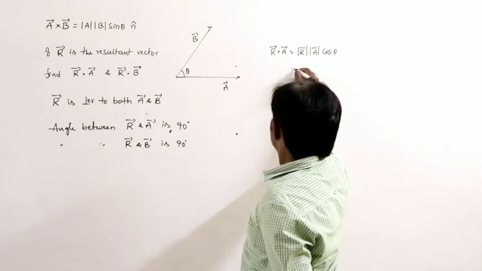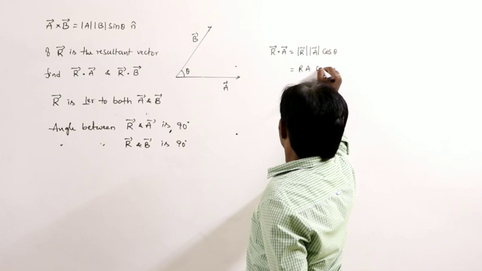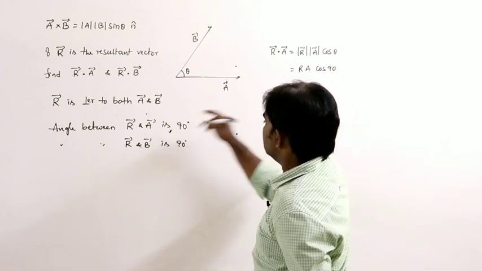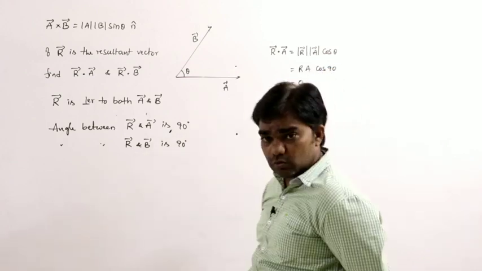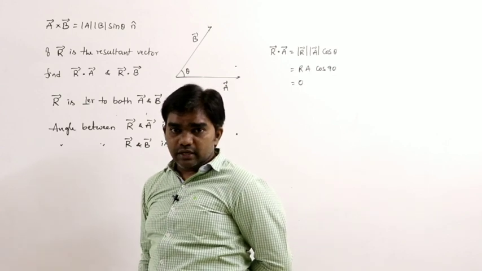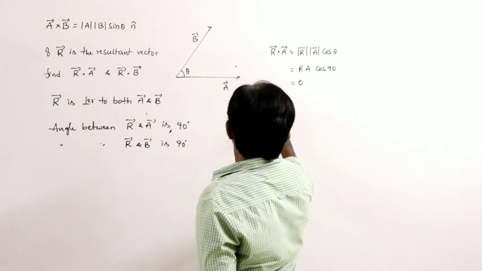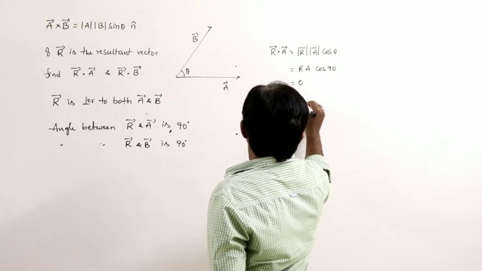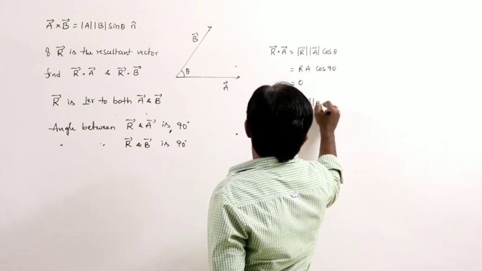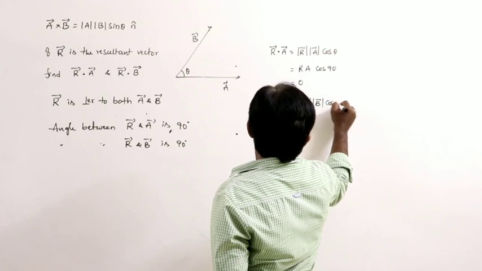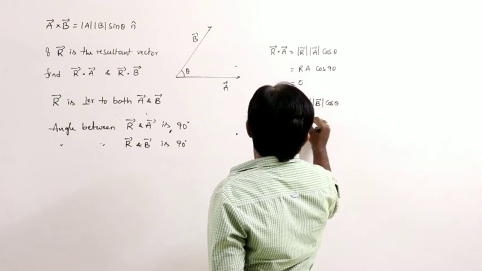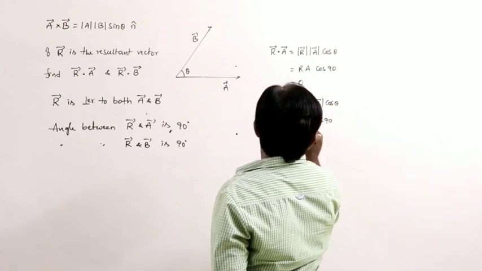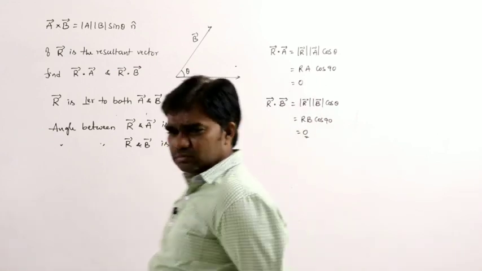So that is r a into cos 90, because the angle is 90. Cos 90 is 0. Next r bar dot b bar, that is modulus of r bar into modulus of b bar into cos theta. So that is r b cos 90. Cos 90 is 0. So that is 0.